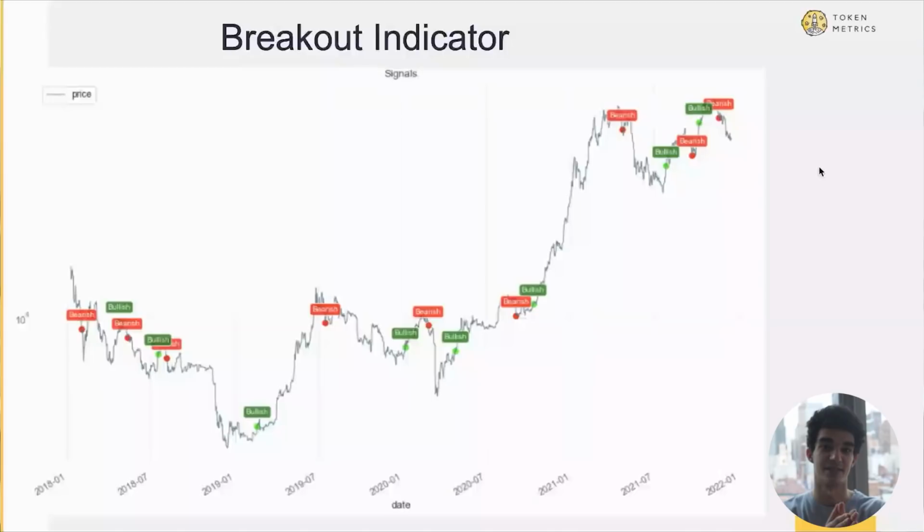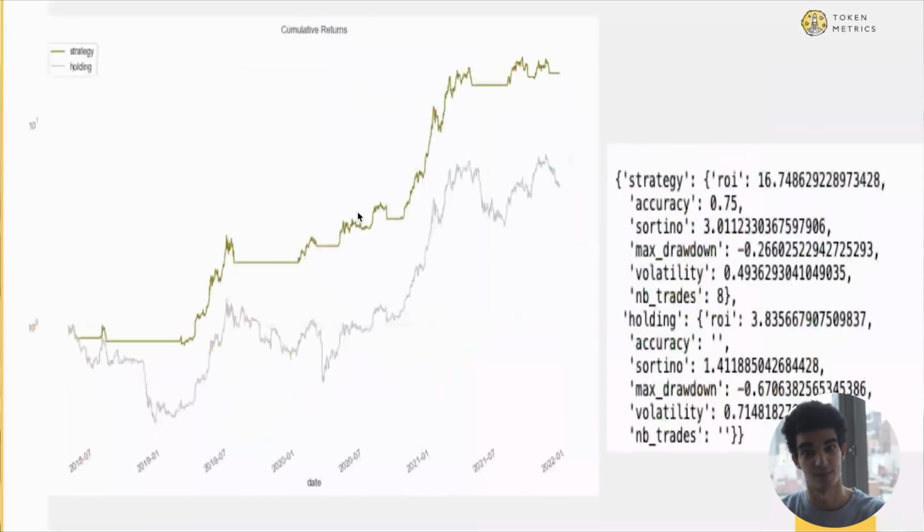I already discussed this indicator, so I won't be going into detail about that. You can go to our previous videos to know more about the breakout indicator. But these are the signals we get on an individual coin, which is Bitcoin in this example. And if you actually backtest, performance is very, very good following these signals instead of holding. This would have been for Bitcoin.